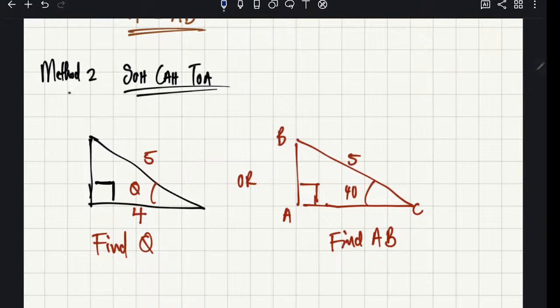The first thing you do, can Pythagoras theorem work for this example A? Lenny, can Pythagoras theorem work for example A? It cannot work. Why? When does Pythagoras theorem work? When you have two sides and you're looking for side number 3, right?